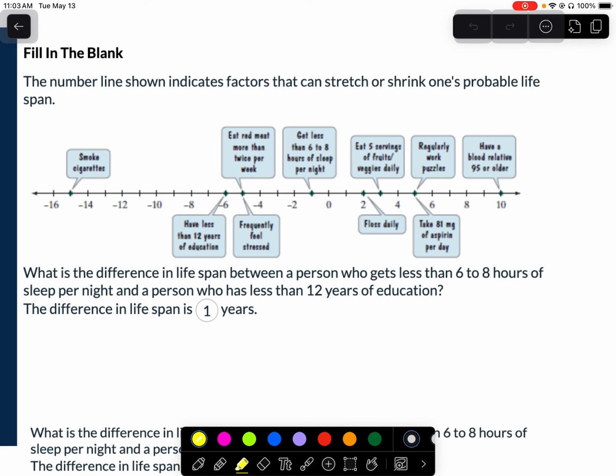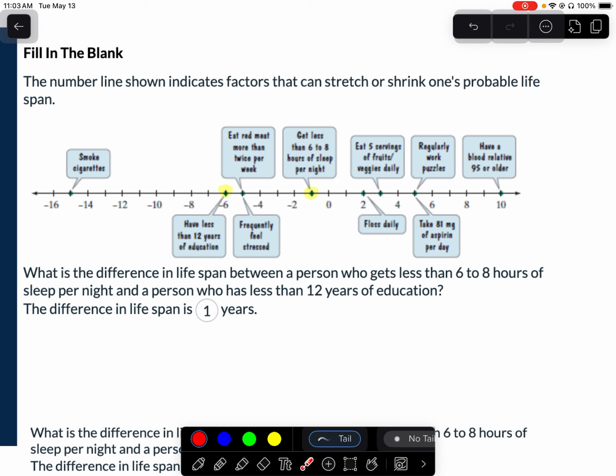Less than 6 hours of sleep is at the -1 location. And a person who has less than 12 years of education, let's highlight that. Now, the best way, I think, to read a number line is to count the jumps from one location to another. Counting the lines can be a little misleading, so I count how many jumps it takes me to get to that.